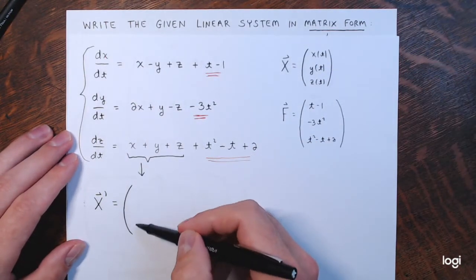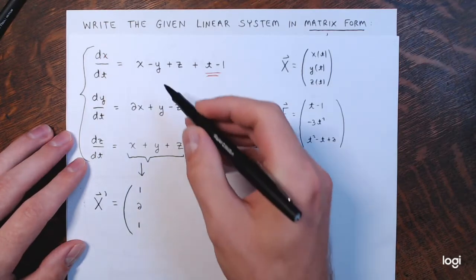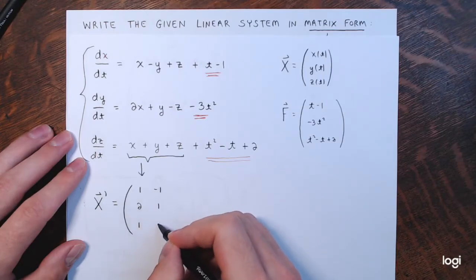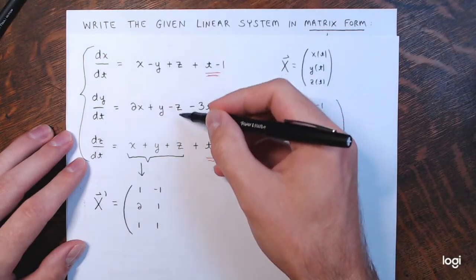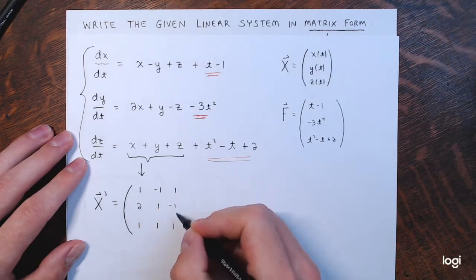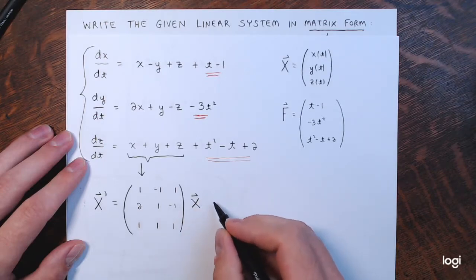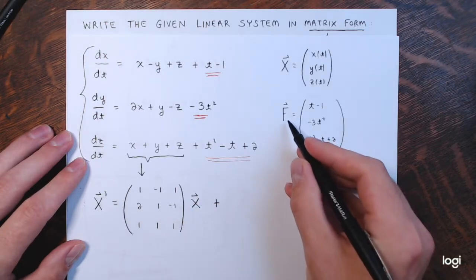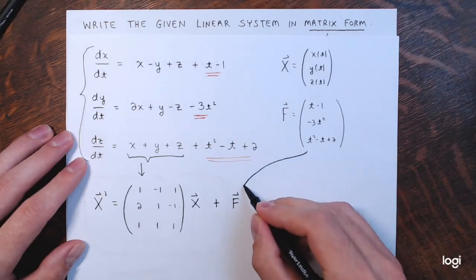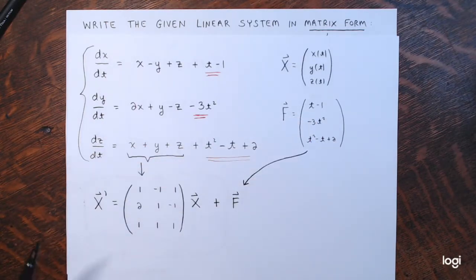The coefficients of x down the first column, 1, 2, 1. Coefficients of y, negative 1, 1, 1. Coefficients of z down the third column, 1, negative 1, 1. And this would be times vector x, and then plus vector f. Now you could also just write it out again, but there we go.